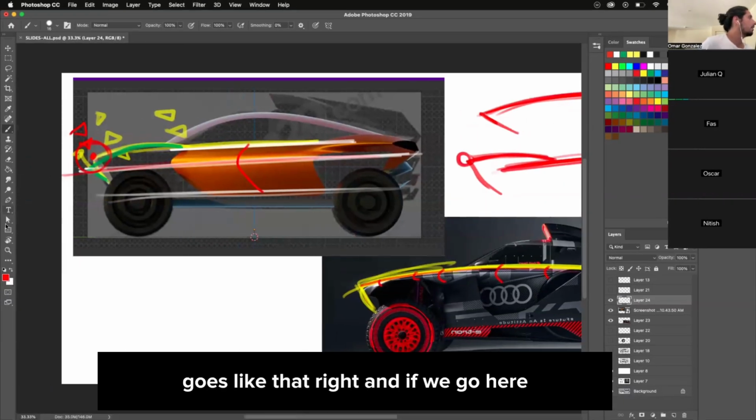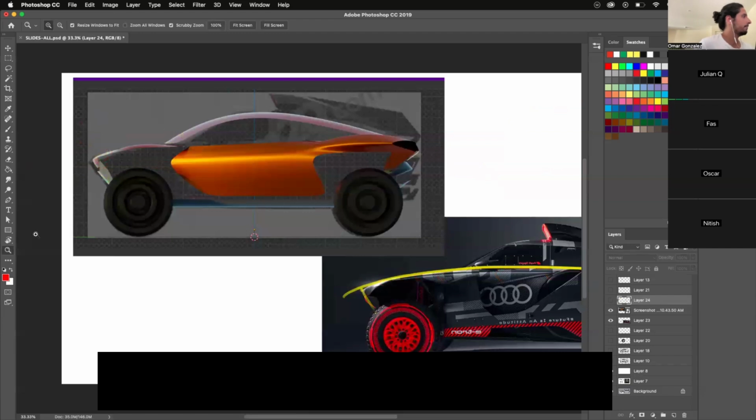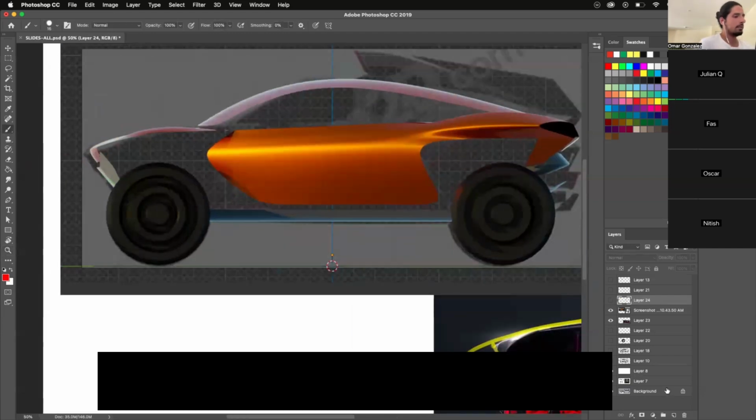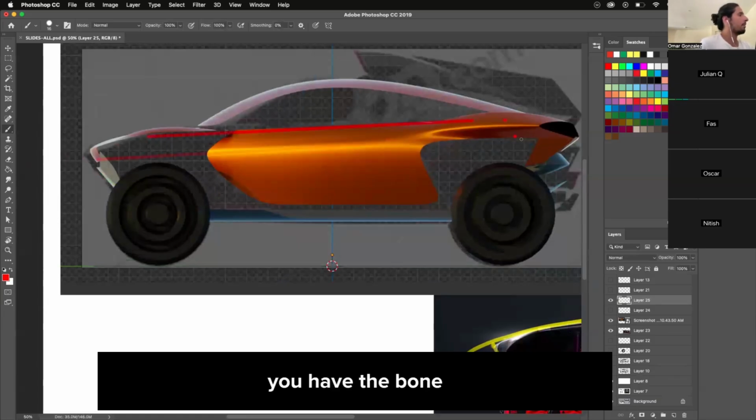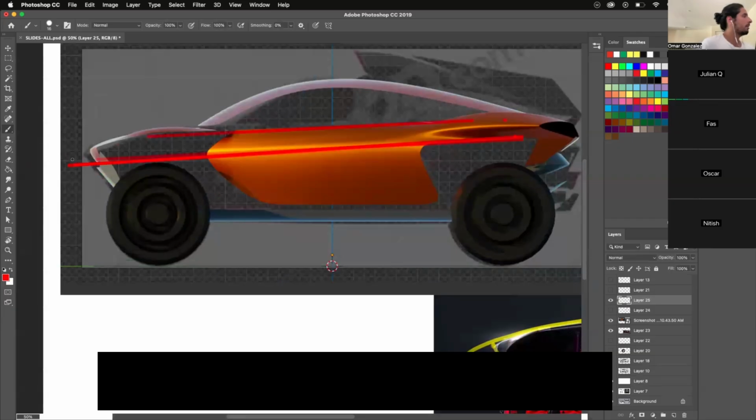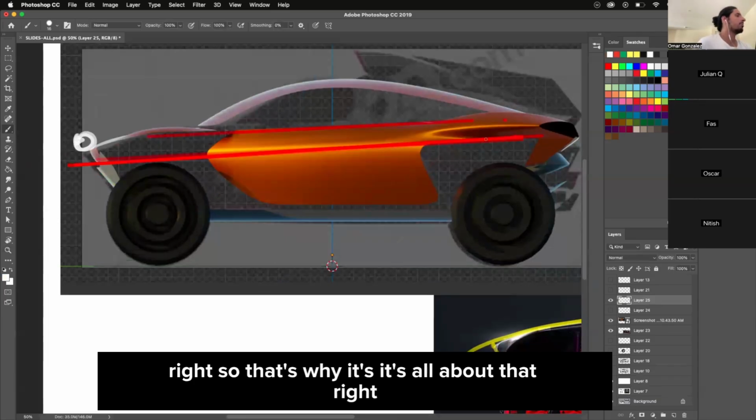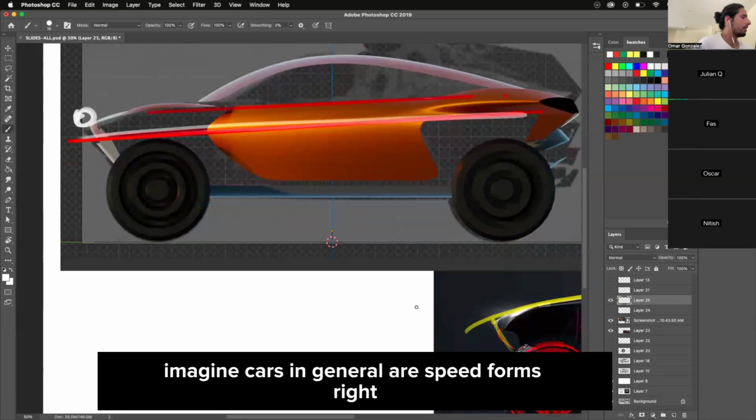And if we go here, right? Bed line, you have the bone, and your nose is above, right? So that's why it's all about that, right? Imagine cars in general are speed forms, right?